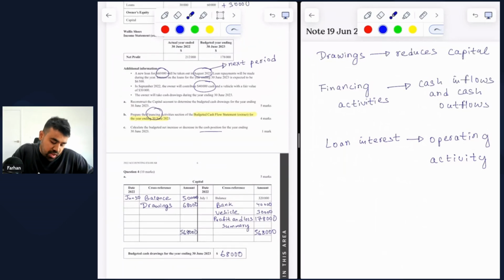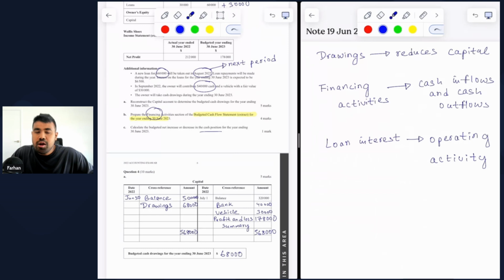The second sentence says that in September 2022, the owner will contribute $40,000 cash and a vehicle with a fair value of $30,000. So $40,000 cash is referring to the owner injecting more money into the business. For example, the owner will use the personal bank account and transfer $40,000 from the personal bank account to the business transaction account.